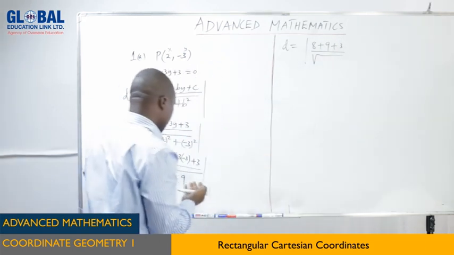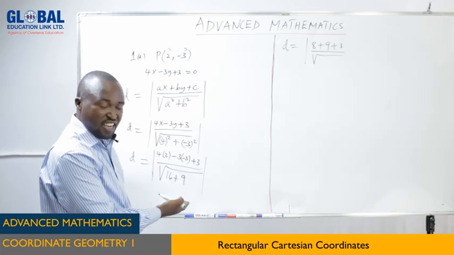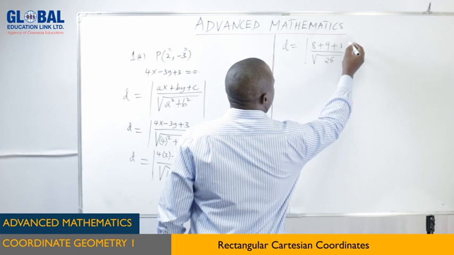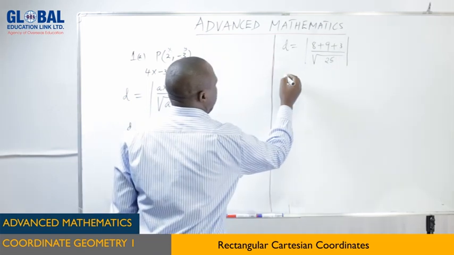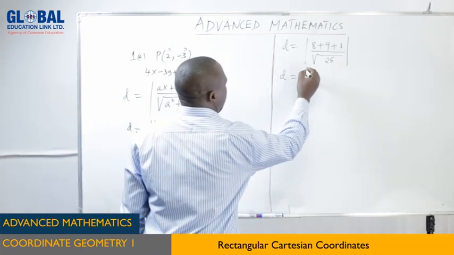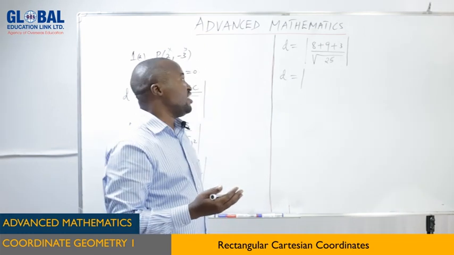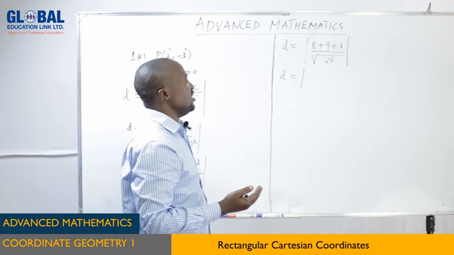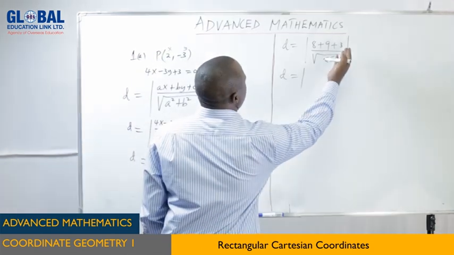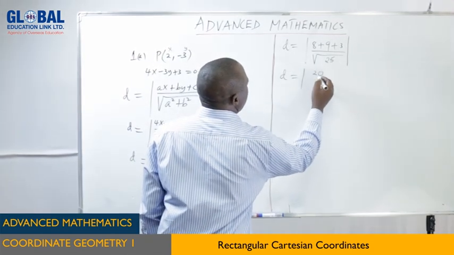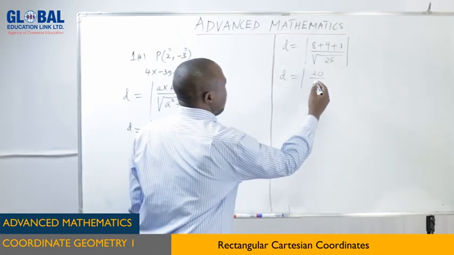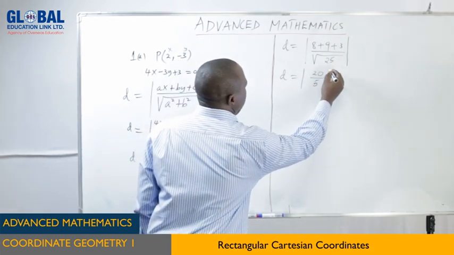This time we have 16 plus 9, which is equal to 25. So D will be equal to, so we have 8 plus 9, that is 17. So 17 plus 3, that is 20. So we have 20 over. So again, we have the square root of 25, which is equal to 5.